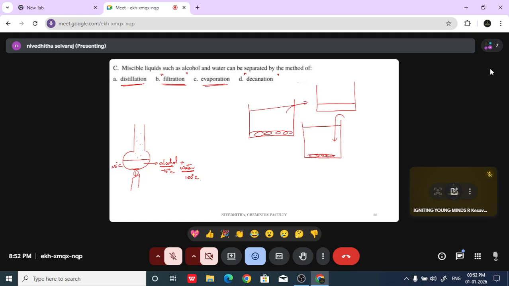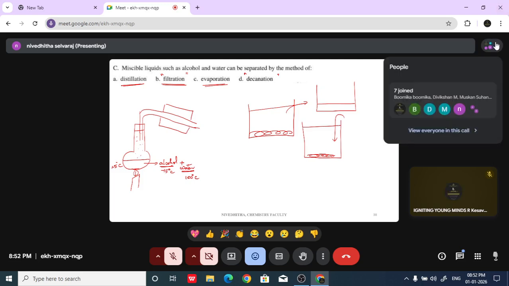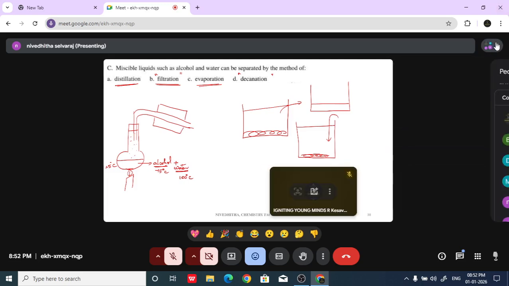Now what I'm going to do is close this container and fix a delivery tube, and this delivery tube is connected with a condenser. Condenser is nothing but an outer jacket which is used for cooling the vapor which is coming out.